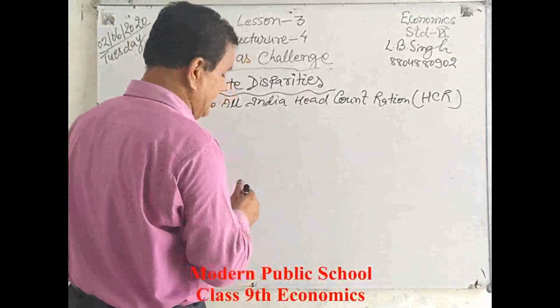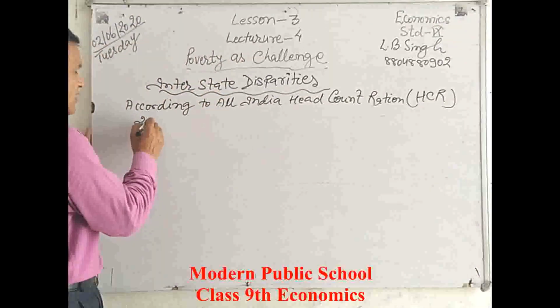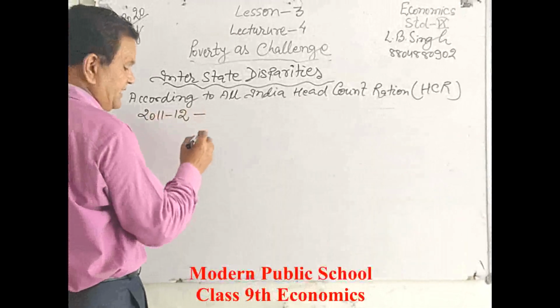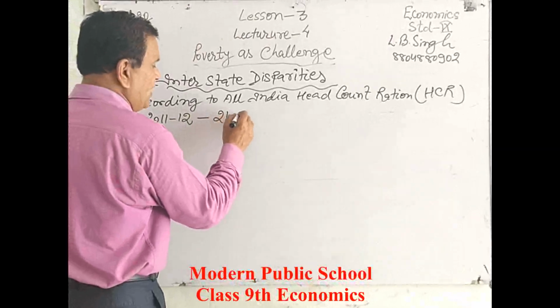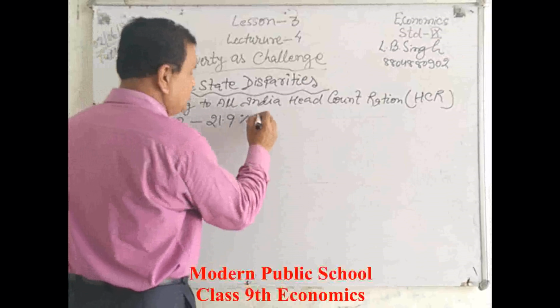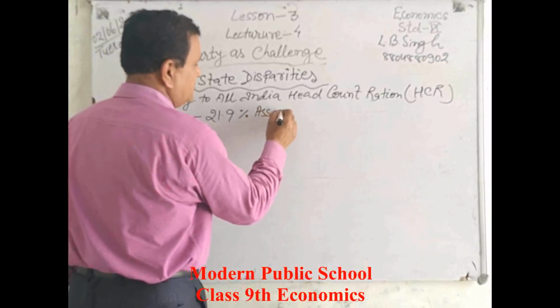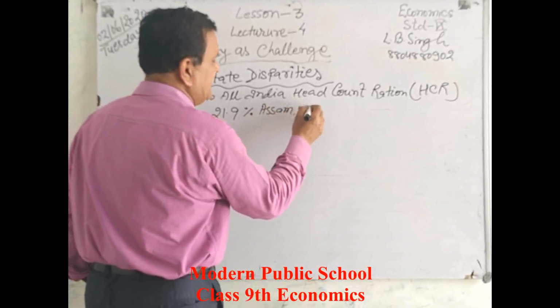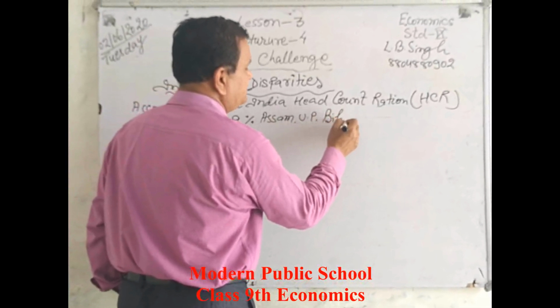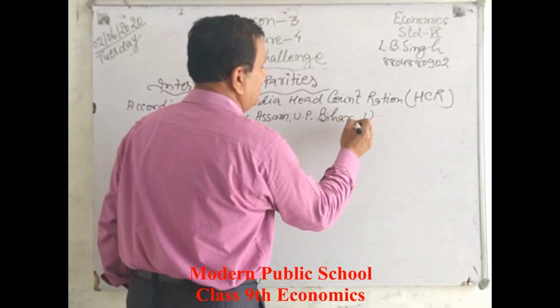According to data of 2011-12, there were 21.9% people of Assam, Uttar Pradesh, that is called in short UP, Bihar, Odisha.